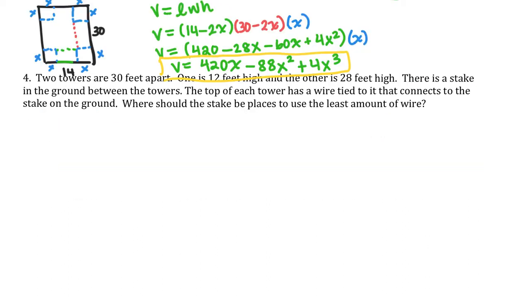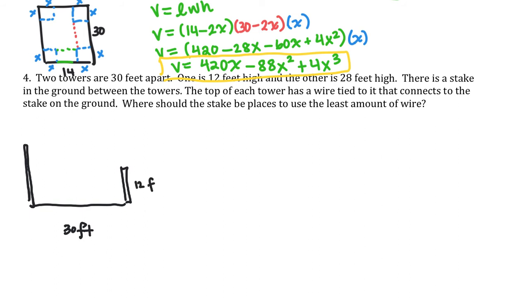Okay, let's try to set up one more. Two towers are 30 feet apart. Here's my tower. It doesn't actually have to be a tower. Here's my other tower. I know that the entire distance across is 30 feet. One of them is 12 feet high, one is 28 feet high.